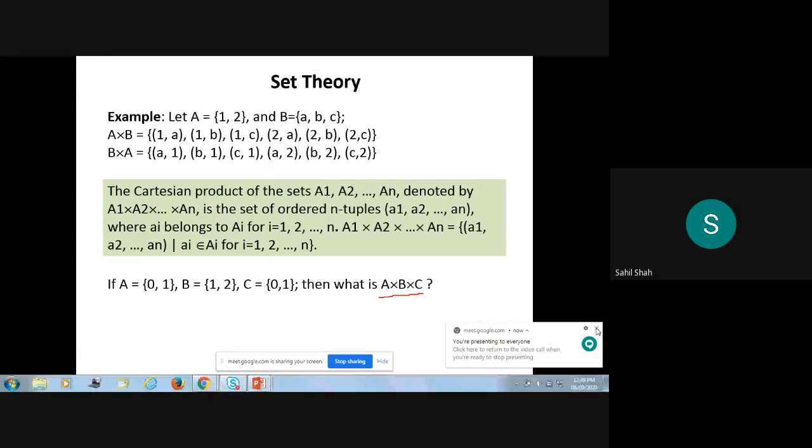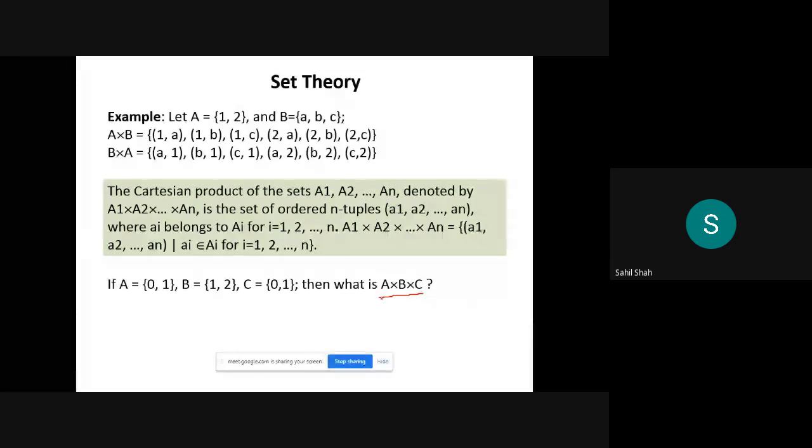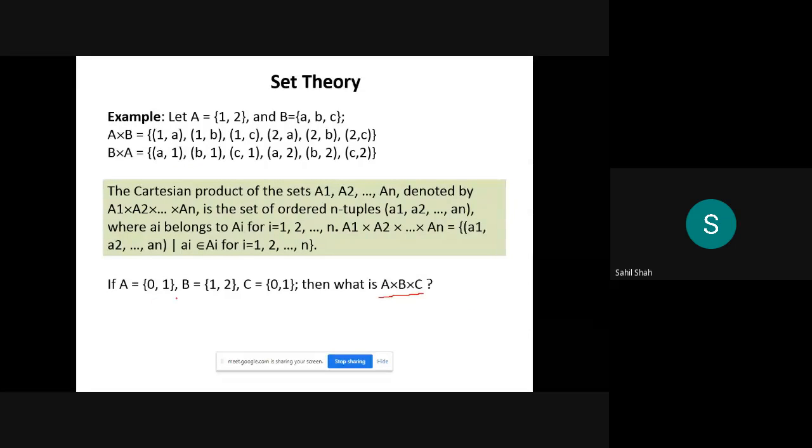The number of elements present in A cross B cross C will be equal to the number of elements in A multiplied by the number of elements in B multiplied by the number of elements in C. Right? So first we make the cross product A cross B. It will hold four values: 0 comma 1, 0 comma 2, 1 comma 1, 1 comma 2.